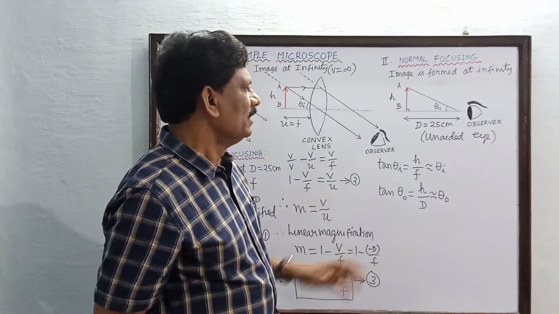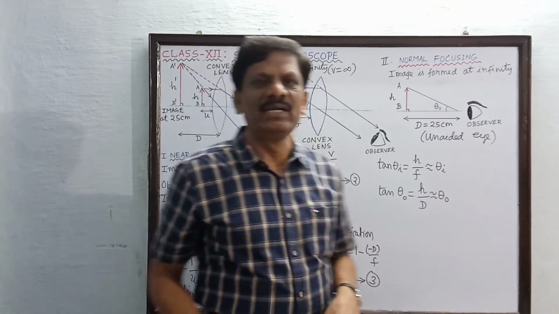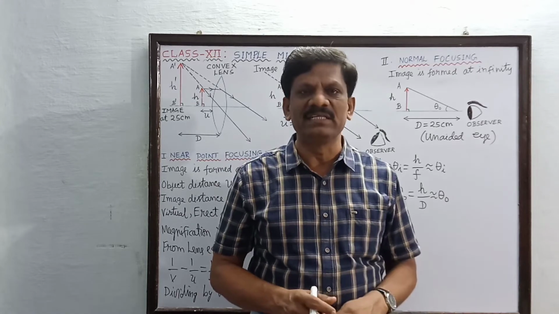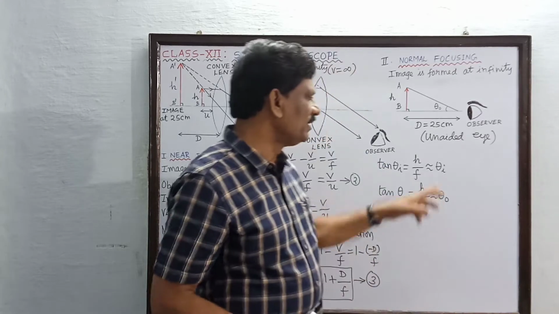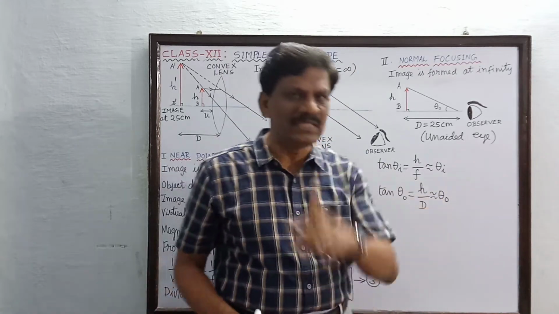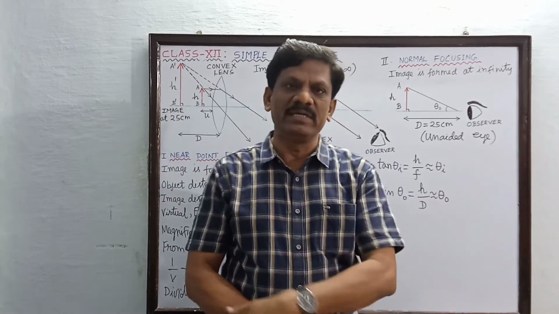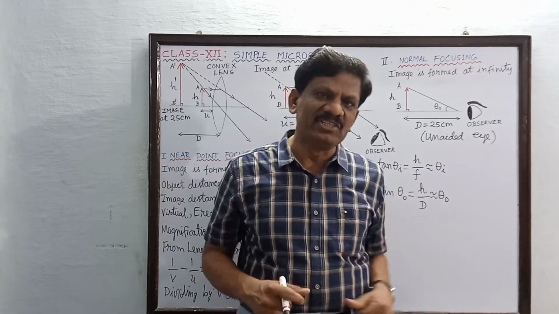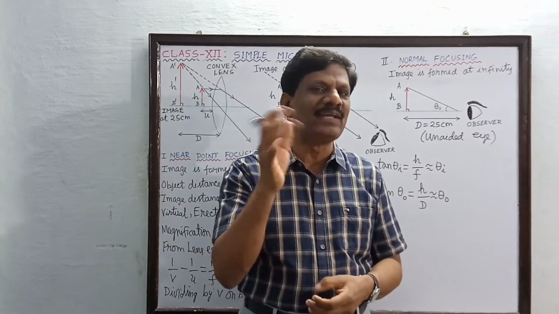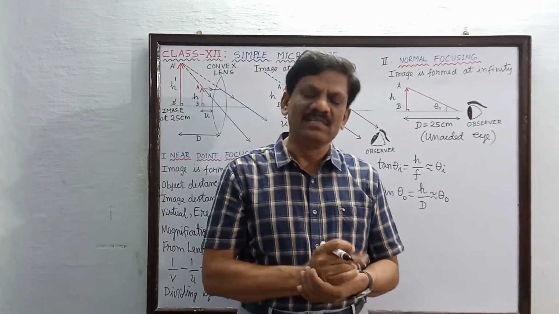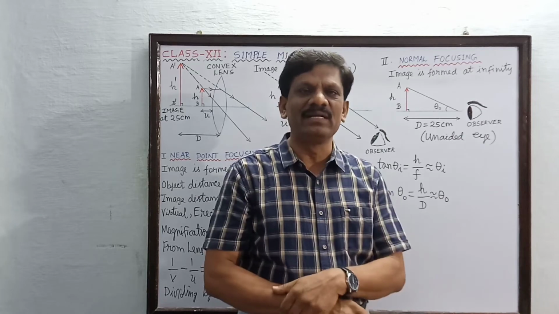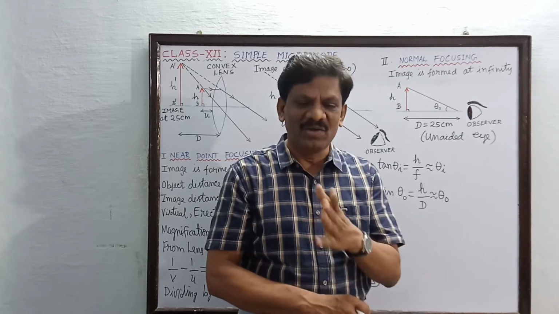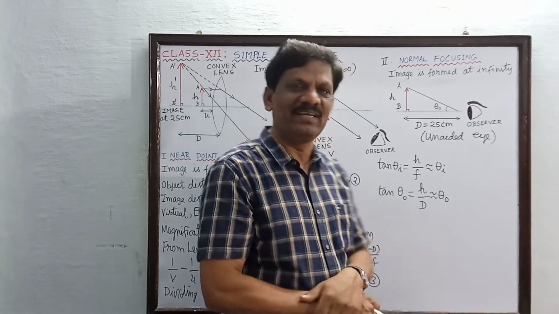Understand? Now I am going to find again an expression for magnification, but in terms of the angle subtended by the image and the object. That is why in normal focusing, the magnification is called angular magnification. This is what I said earlier. We calculated linear magnification. Now we are calculating angular magnification.